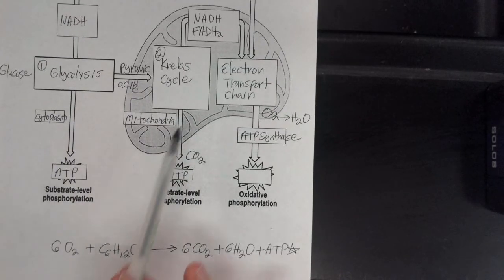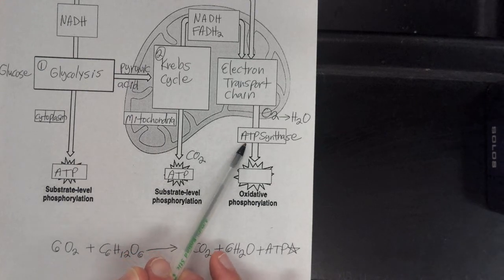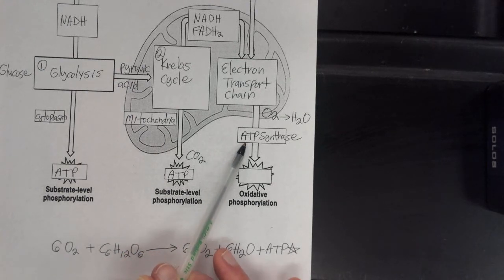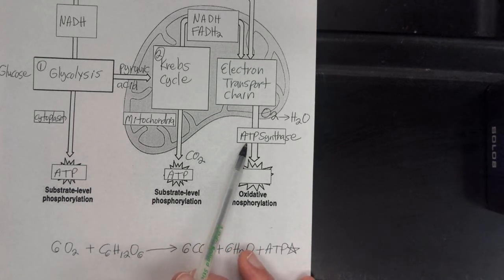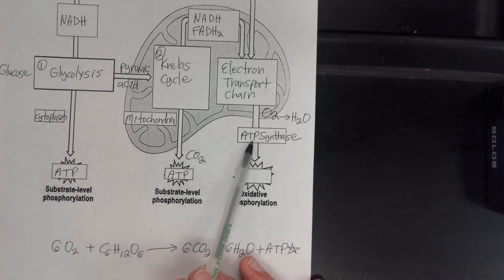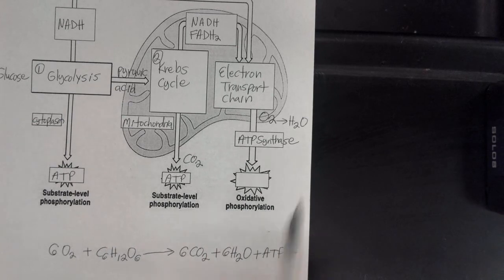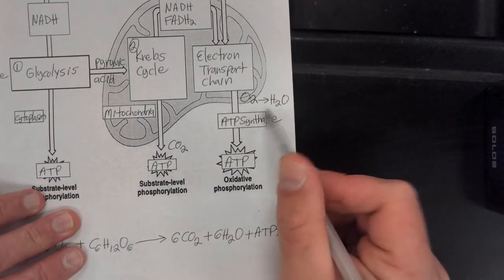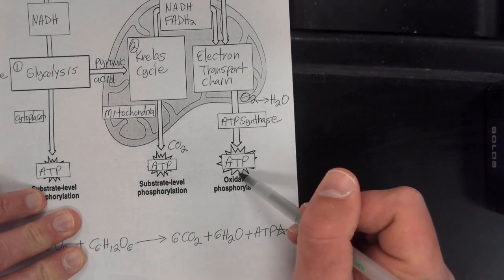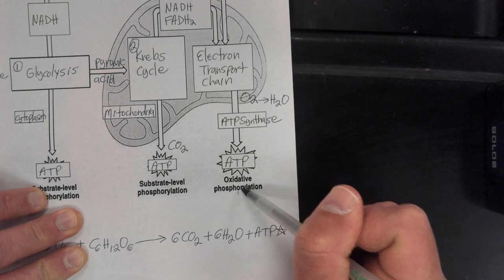So there's an input of energy to build a ton of ATP. 36 to 38 molecules being made of ATP per glucose molecule that enters. Okay? So that hydrogen concentration gradient provides the energy for ATP synthase to make a bunch of ATP. So when oxygen is present, we get the most ATP being made through oxidative phosphorylation. Okay?